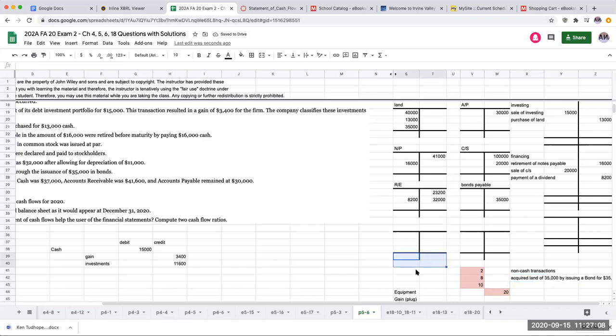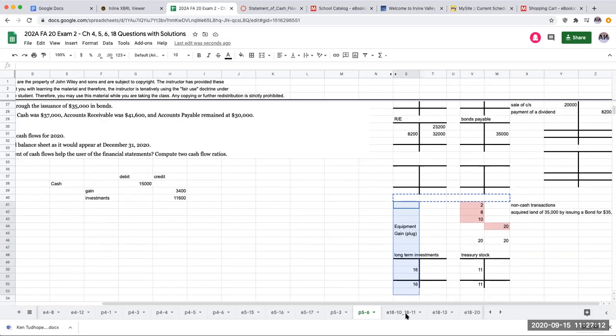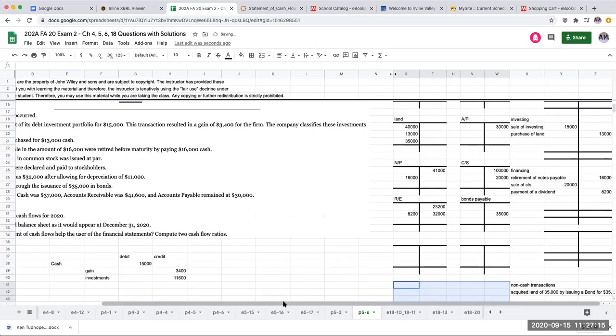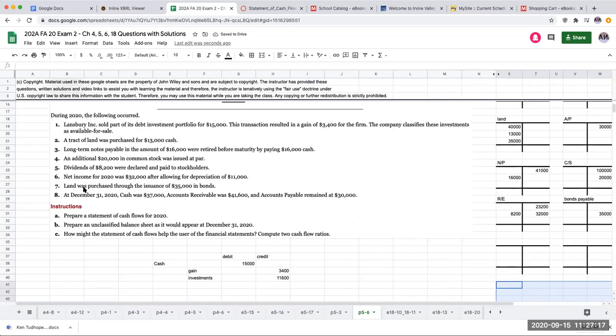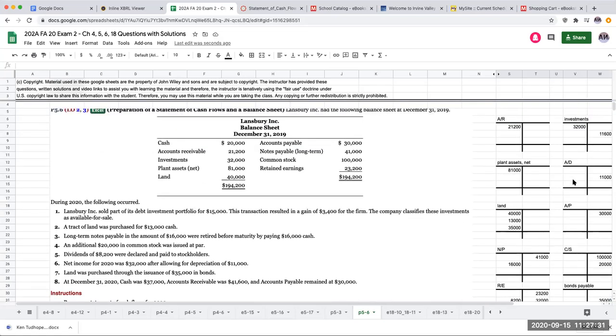Okay, so let me just clear out some of this stuff down here. So that was number 7. At December 31st, cash was $37,000, accounts receivable was $41,600, and accounts payable remained at $30,000.